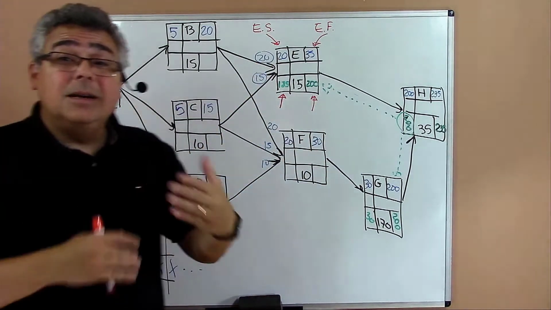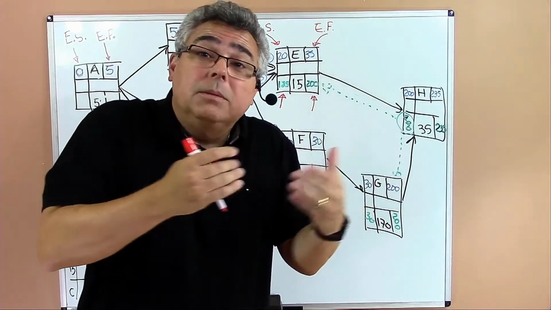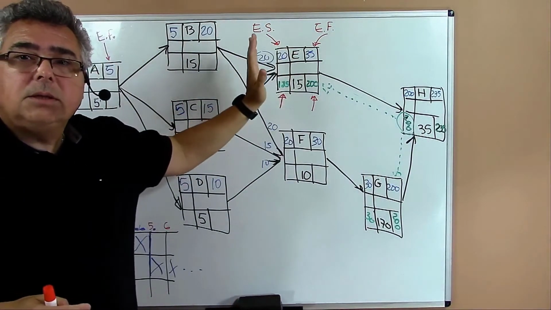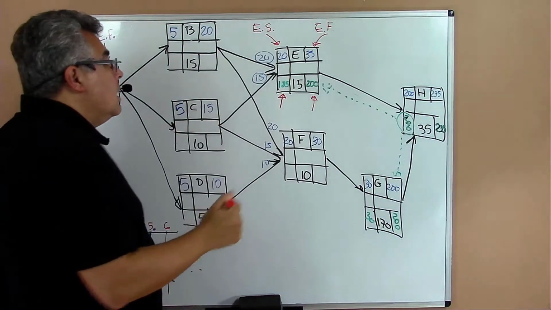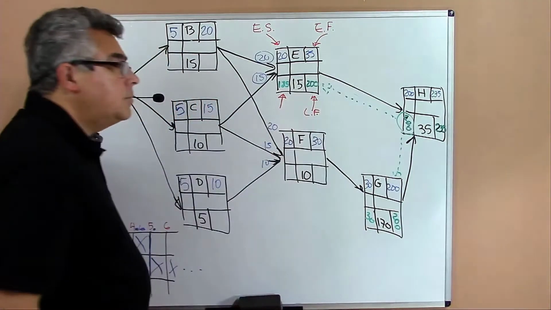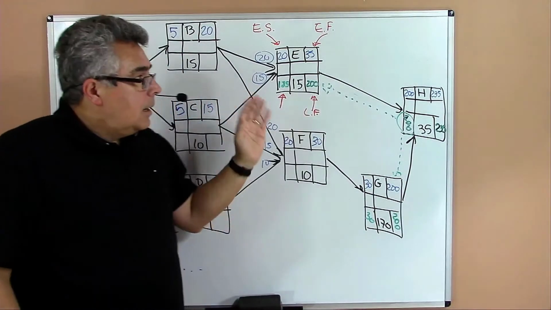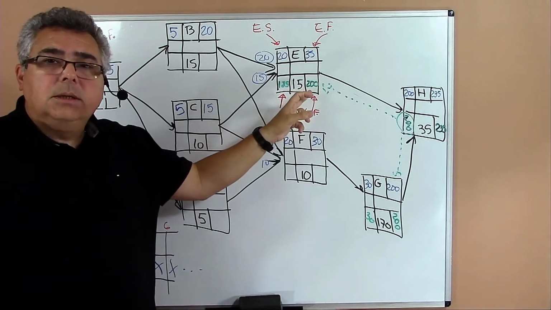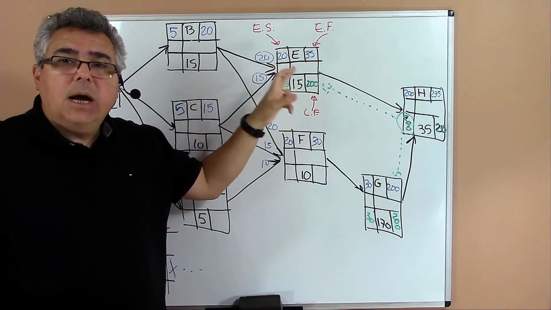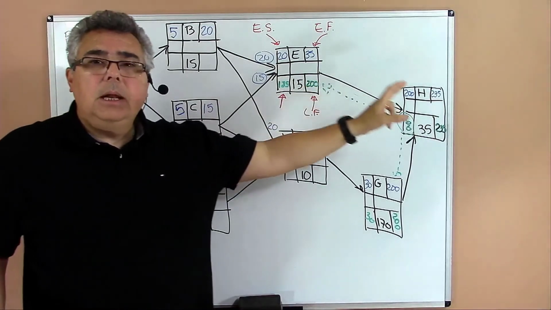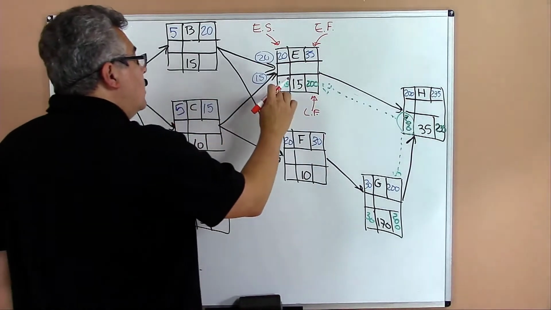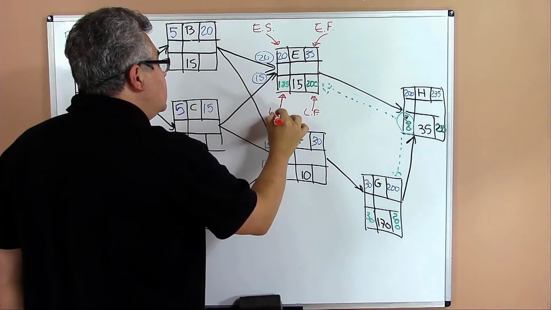The 20 is the earliest time in which I can start the task. I have to wait for the whole network to arrive here. So that's the earliest time. 200 is the late finish. It means I cannot finish that task after that day. If I finish after that day, I will be delaying the project. That is the late finish. And here, 185 is the late start.